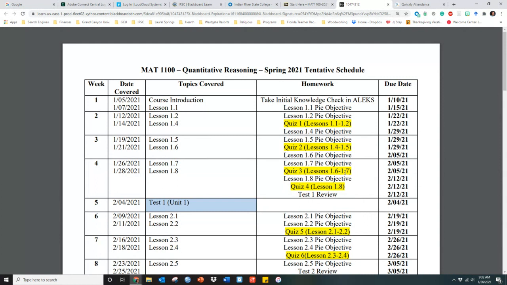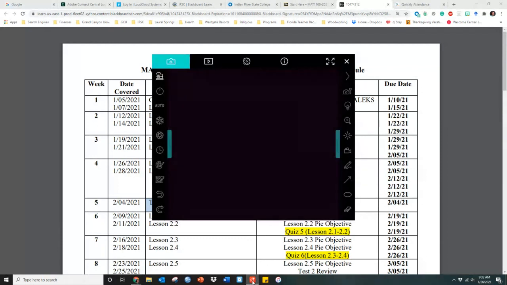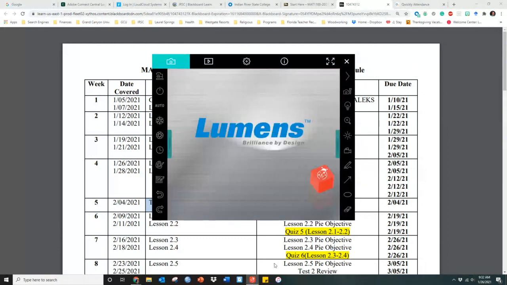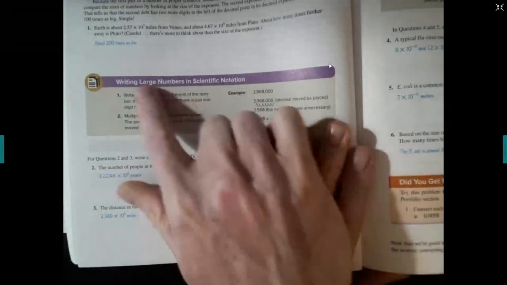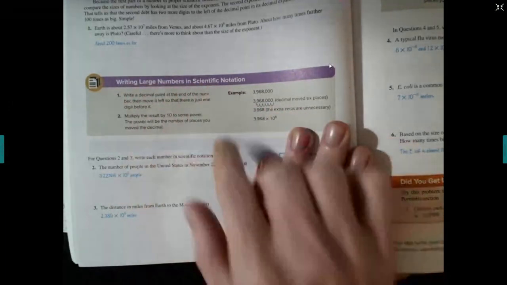So we're going to take a look at the lesson directly. I'm not going to bring in the book today. It does teach you, however, and I can show it to you briefly. It shows you some of the methodology for how to do scientific notation, how to write large numbers in scientific notation.